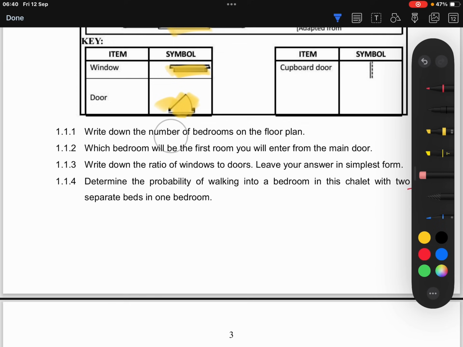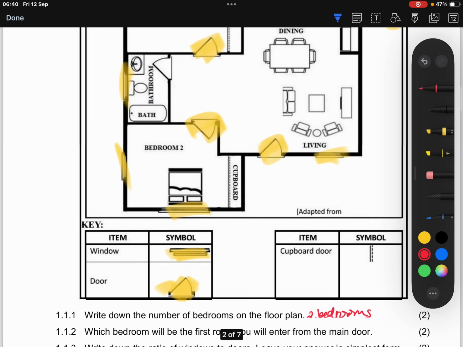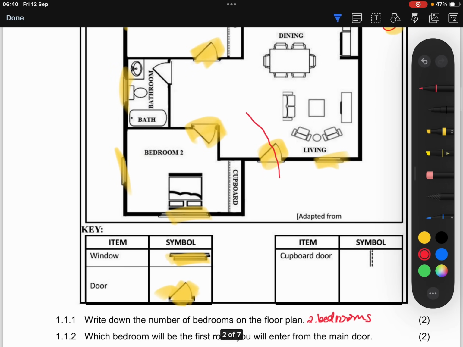It says write down the number of bedrooms there. There are 2 bedrooms there. Quickly, 2 bedrooms. And then it says which bedroom will be the first room you will enter from the main door. From the main door, guys, here's the main door. You enter here. Which bedroom will you enter first, or will you see first?